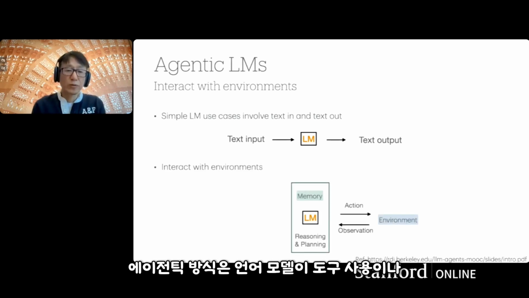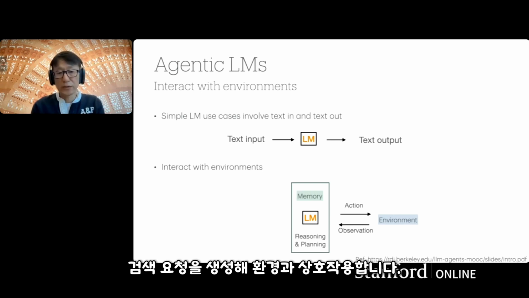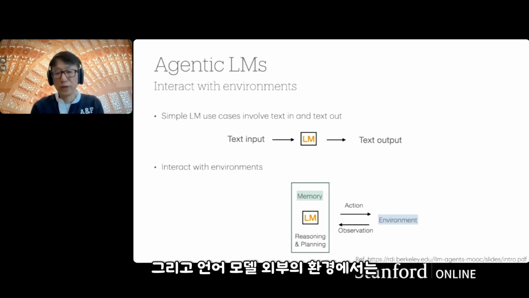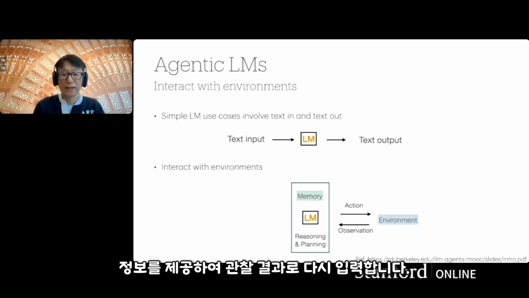Agentic language model usage means the language model can do something with the environment by generating tool usage or a retrieval request. Then anything outside of the language model could provide an output, or information that can be fed back to the language model as an observation.